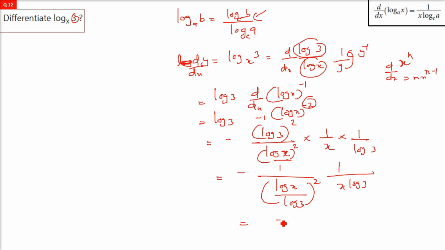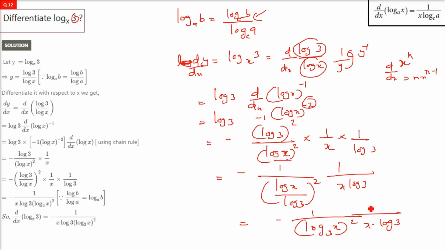So log x by log 3 was actually 1 by log base 3 x, and then this is x log 3. Now we have an x with log, not the base. So those who want to do it by themselves, they have the option, or you can write it also. But the way you have to do is, I explained you just now.